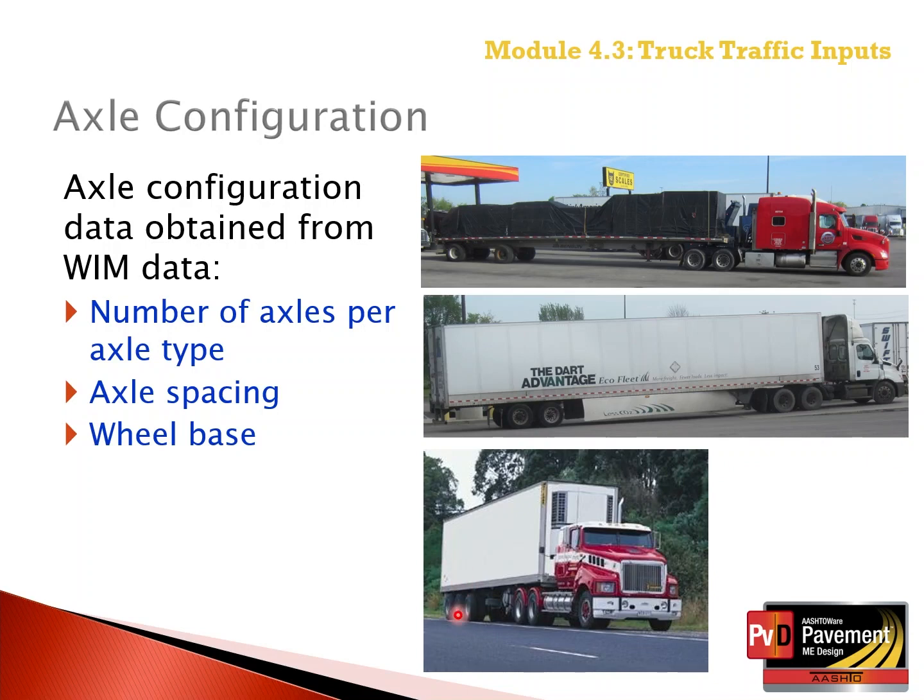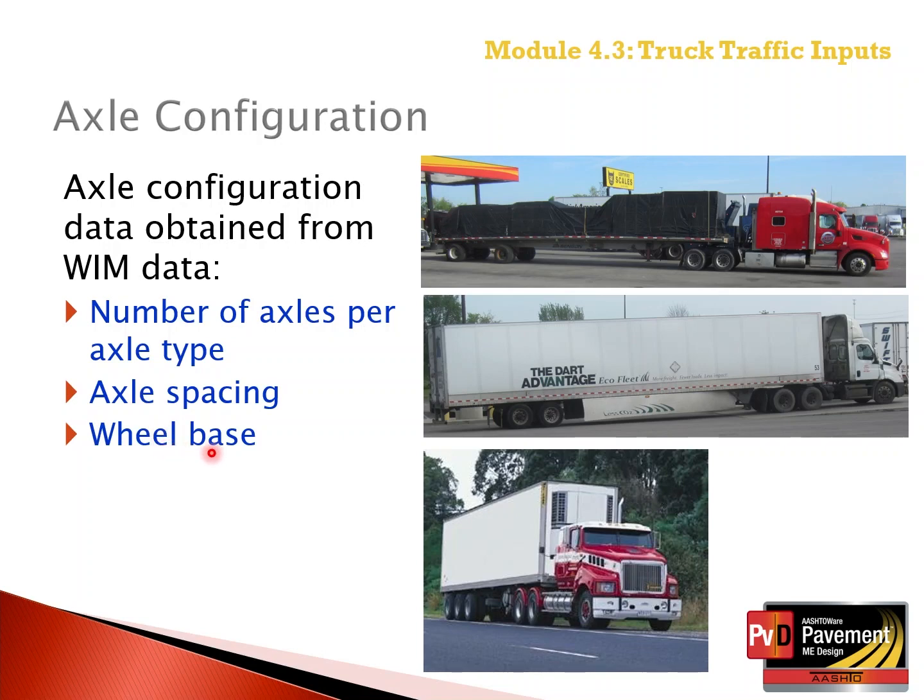This truck has a tridem, a tandem, and a single steering axle. And this data is collected for the different truck classifications, and then that data is averaged to determine the number of axle types, and then the axle spacing, and then the wheelbase.